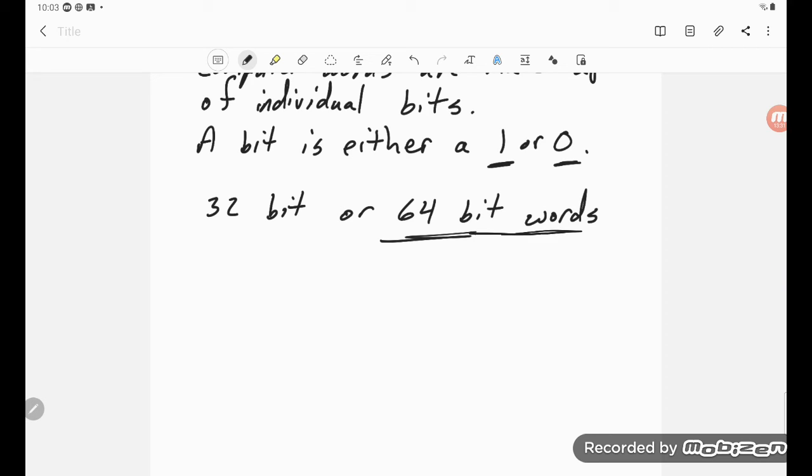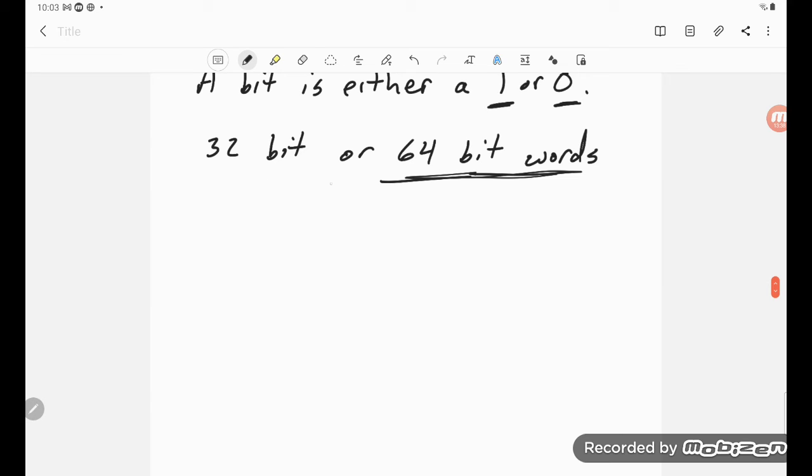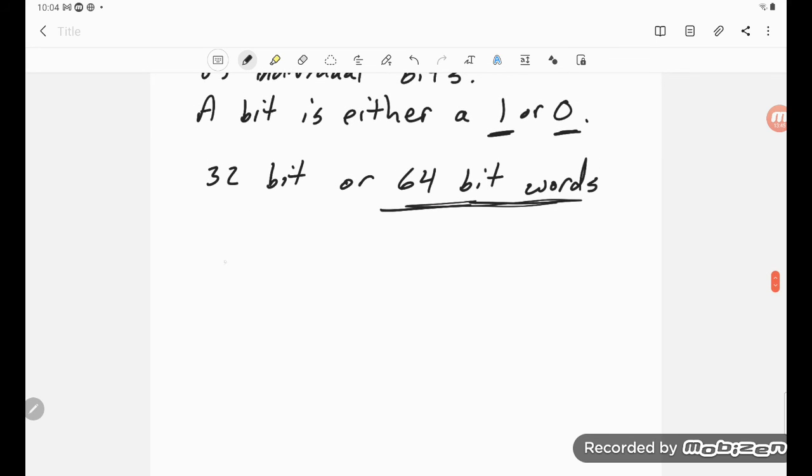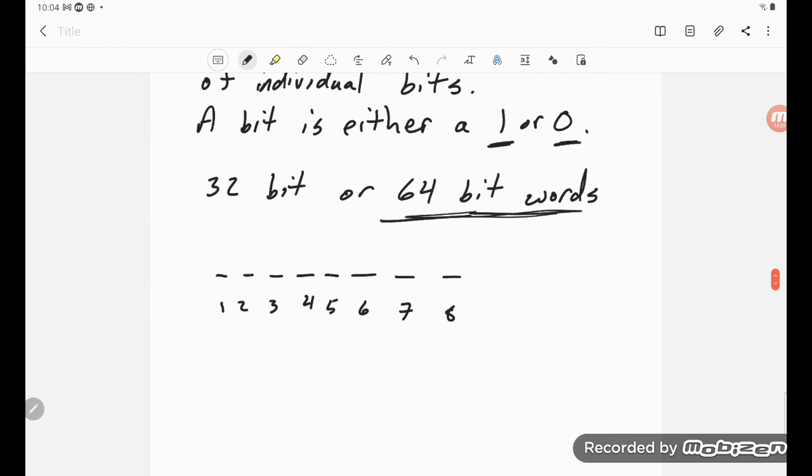Well, the bigger the word, the more information you can hold in each piece. And we won't go into it yet at this point. But a word, let's see. So here's a 1, 2, 3, 4, 5, 6, 7, 8-bit word, and it would just consist of ones and zeros.